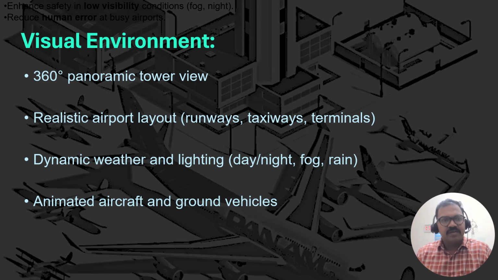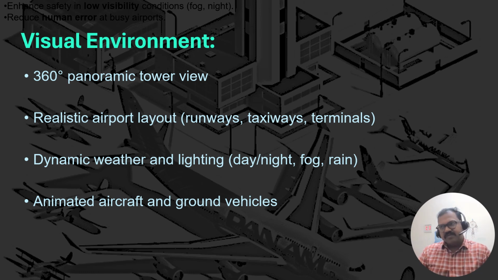Visual environment: a 360-degree panoramic tower view and realistic airport layouts like runway, taxiway, and terminals. Afterwards, dynamic weather and lighting, that means day and night, fog, rain.